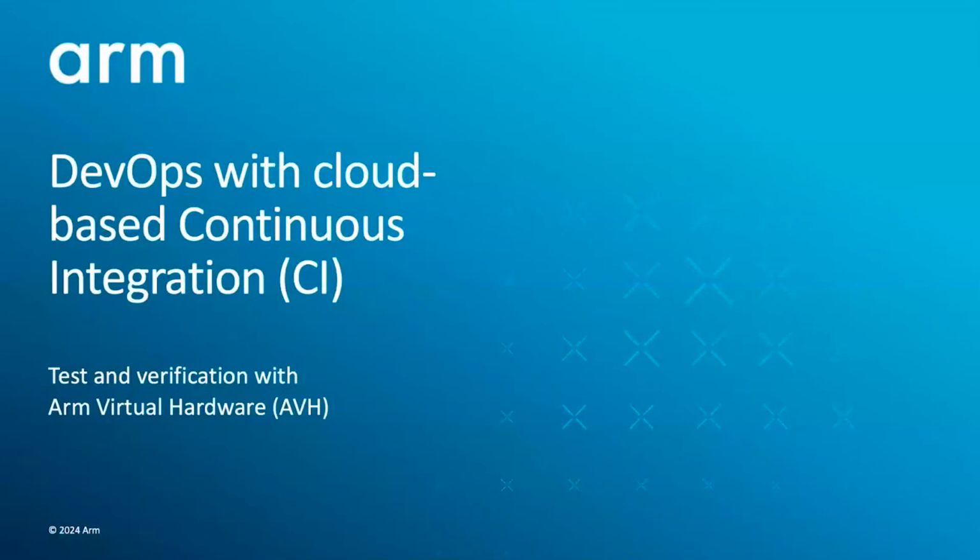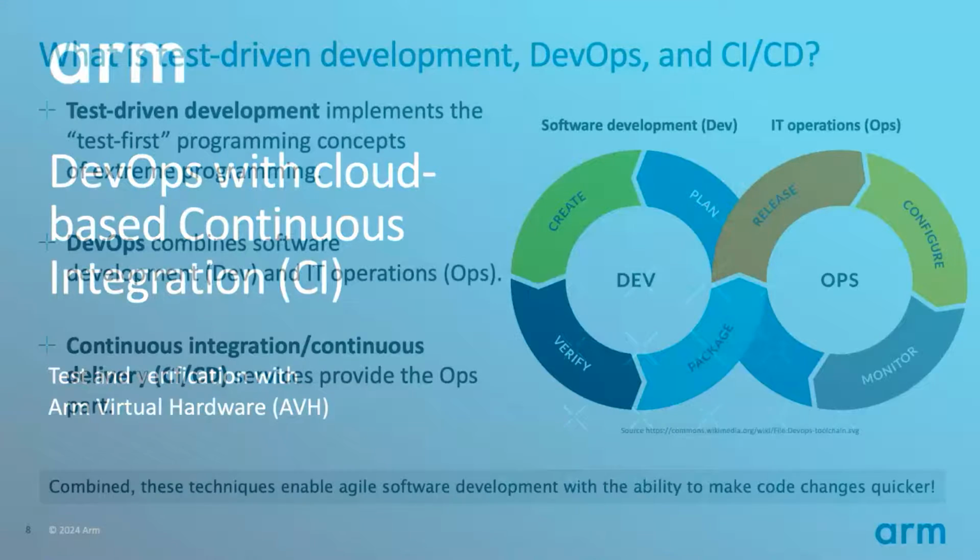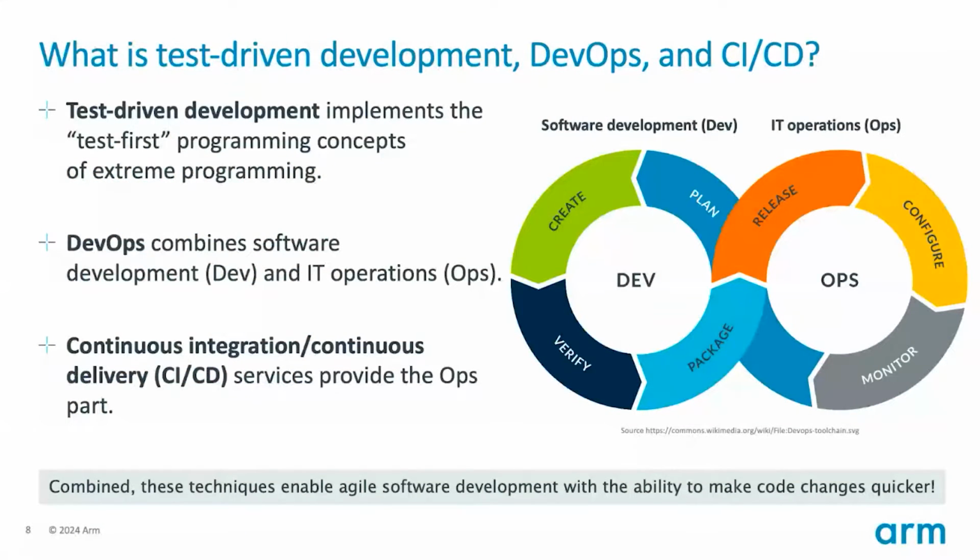So much for CMSIS. Now let's talk about DevOps with cloud-based continuous integration. And basically, before we jump into that topic, what is test-driven development, DevOps, and CI/CD? Some of you who are not using that already might have heard some of these words, but maybe cannot really think about what is behind that.